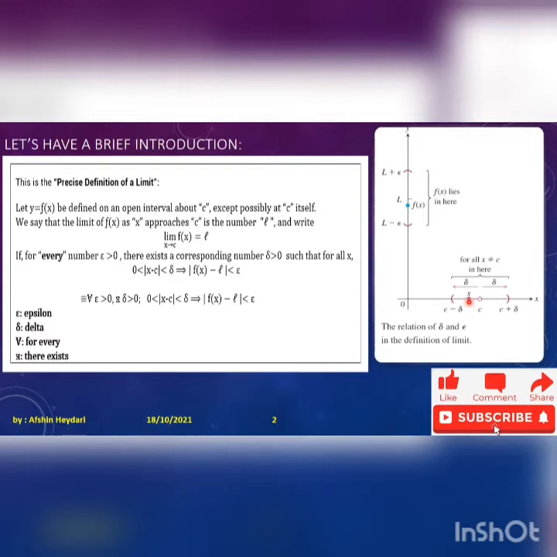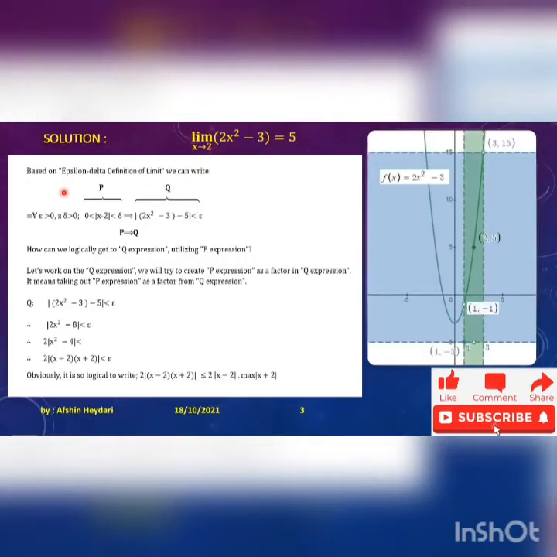When x moves inside of this open interval, f of x will move inside of this open interval. We want to prove this by the definition of the limit.